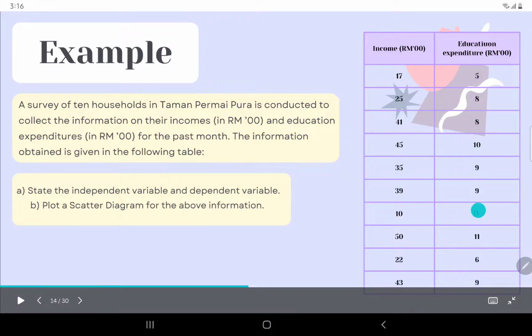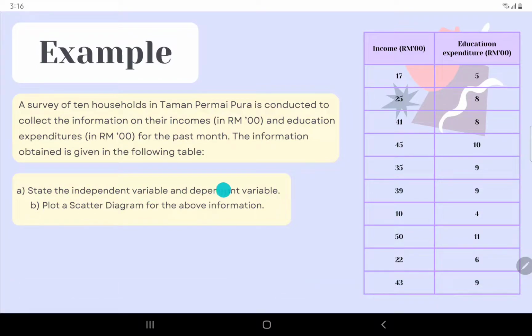The second column is for education expenditure, yang duit yang digunakan untuk education lah. So question A, state the independent variable and dependent variable and then plot a scatter diagram for this information. So how is the solution for this question?